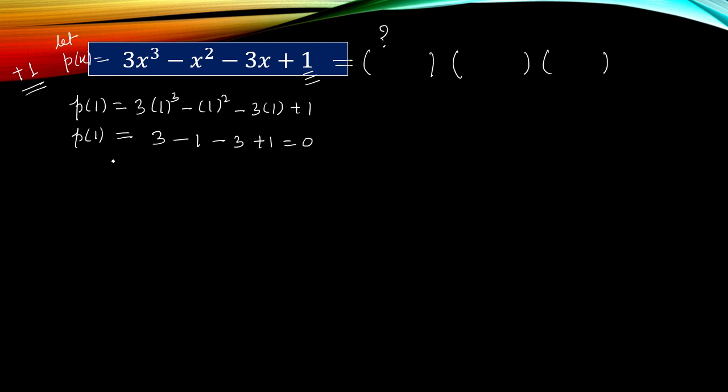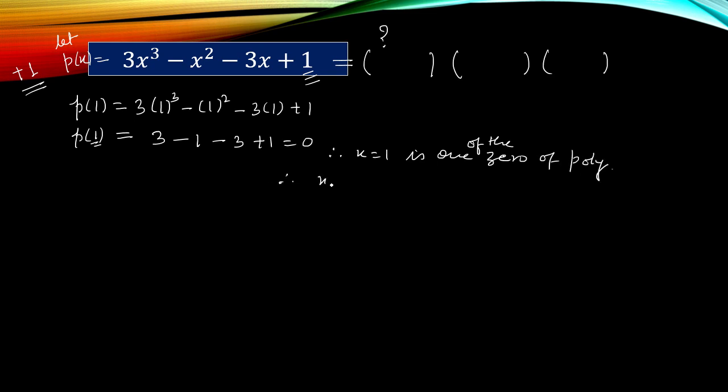Whenever we are putting a value of x in the polynomial and getting the result 0, that means this value of x is the zero of the polynomial. So we can say therefore x is equal to 1 is one of the zeros of the polynomial.